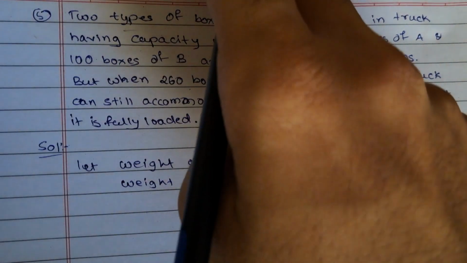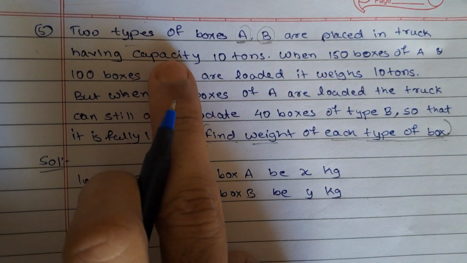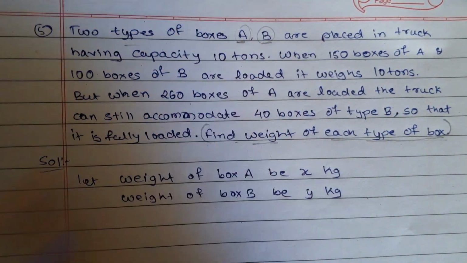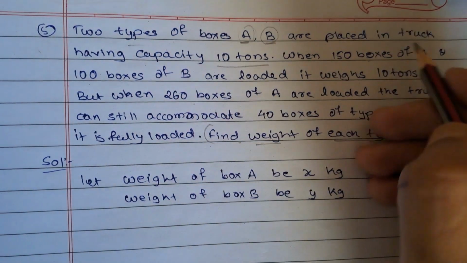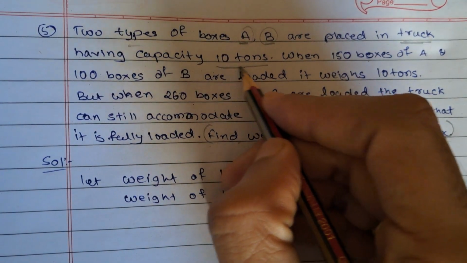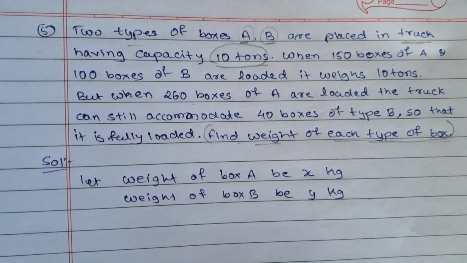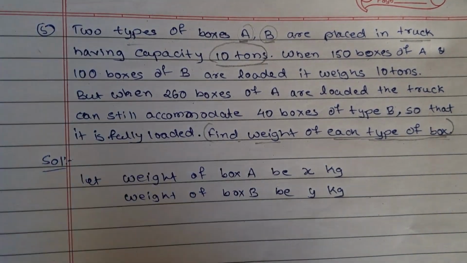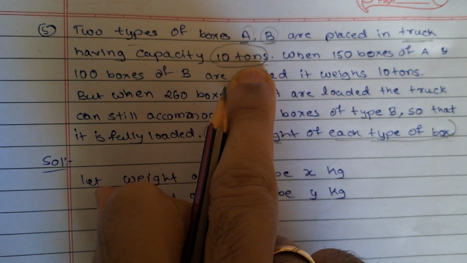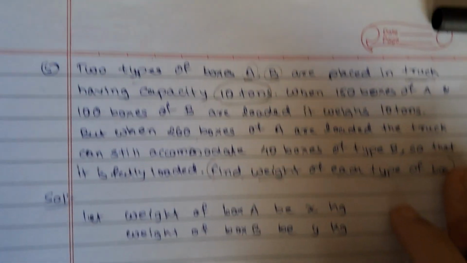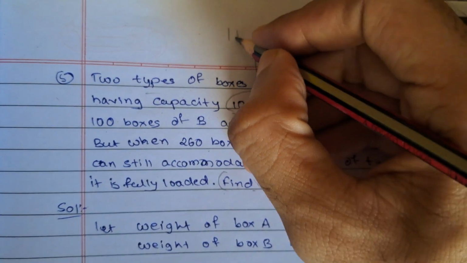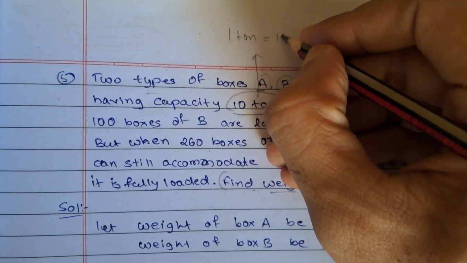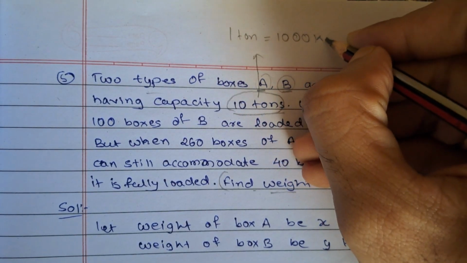Now if I read ahead, it says the capacity of the truck is 10 tons. So the truck having a capacity of 10 tons means this truck can fully accommodate 10 tons of goods. First of all, we have to understand what this ton means. Just remember that 1 ton is nothing else but 1000 kg.